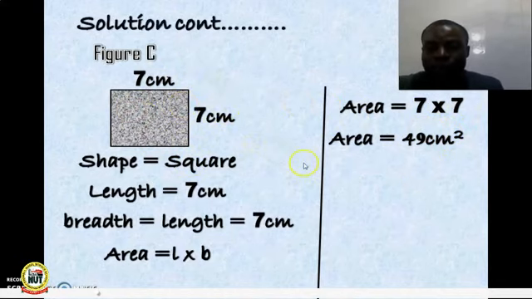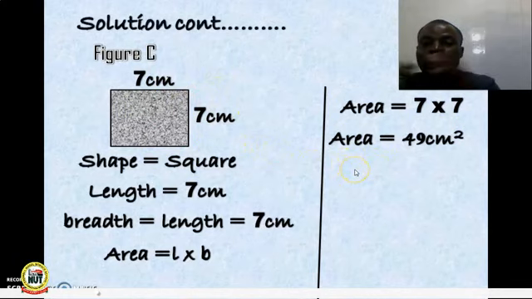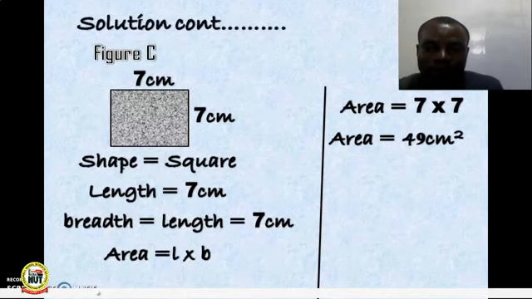Is that okay? Good. So this is how you make use of the formula to calculate the area of a particular shape. Now we have seen how to use the unit square and how to make use of the formula. Do you understand? Good.